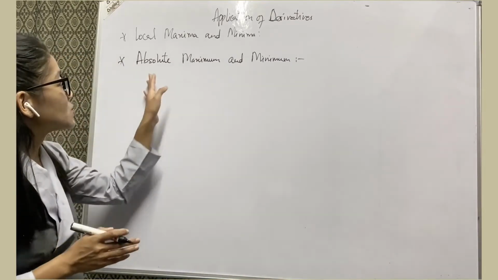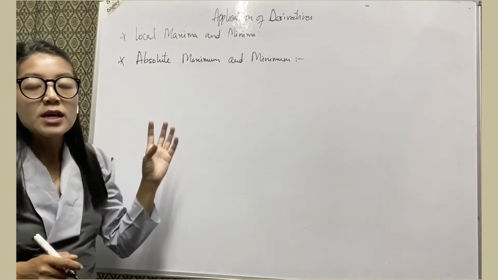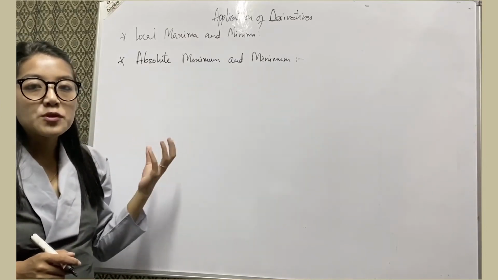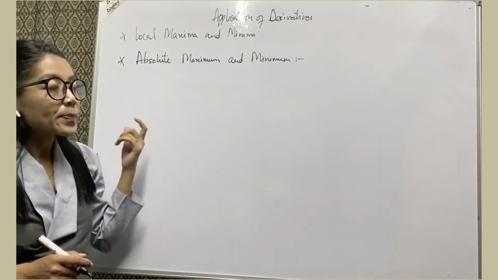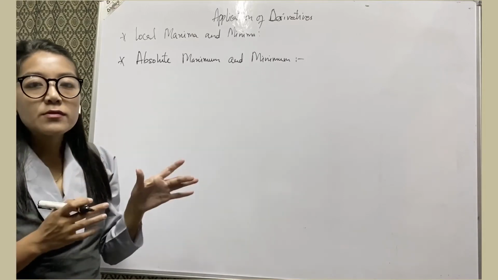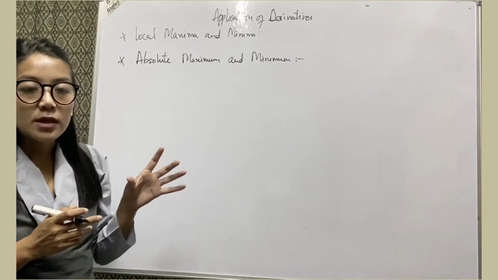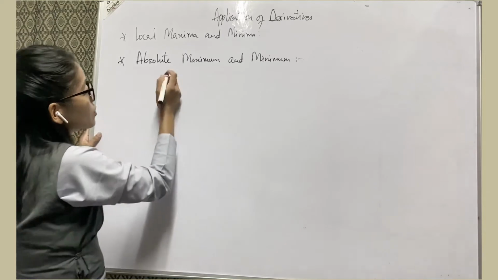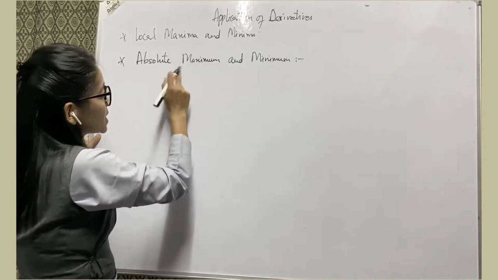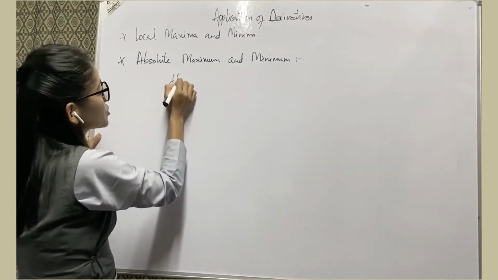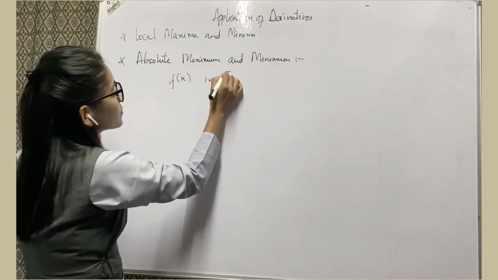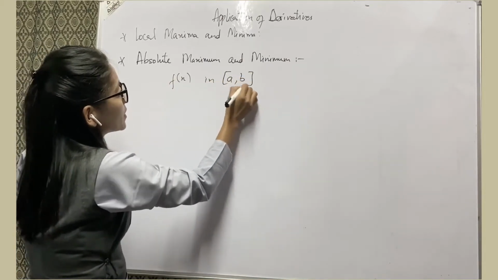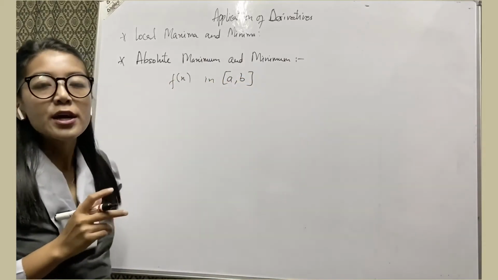But when I ask you to find the absolute maximum and absolute minimum value of the function, the given interval will always be a closed interval. You will be asked to find the maximum and minimum value of the function f(x) in the closed interval [a, b].